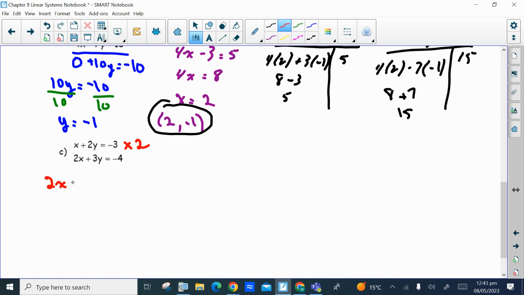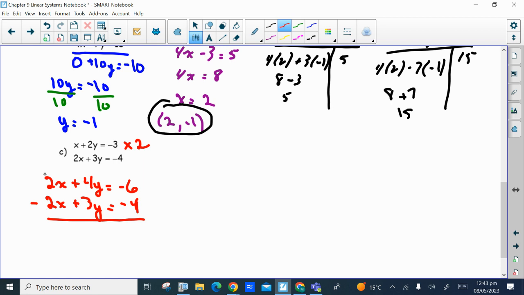The x at the start gets multiplied by 2. 2y times 2 is positive 4y equals negative 3 times 2 is negative 6. So I multiplied the entire equation by 2. That gave me the same coefficient in front of the x's. So now I will subtract the equations. 2x take away 2x is 0x or 0.